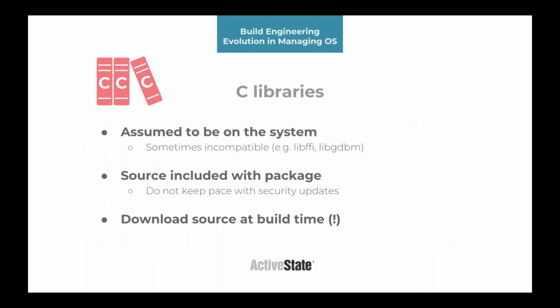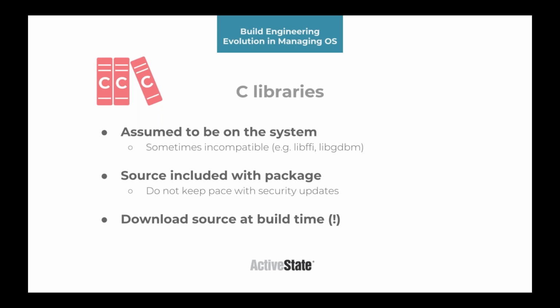Okay, next slide, please. So talking about C libraries, there seem to be three ways that people manage these dependencies. Sometimes they assume that they're already on the system, which is basically just ignoring the dependency. Sometimes they will be included with the package source. So sometimes you'll find that something that depends on, for example, libxml will incorporate a copy of libxml in its source and build it as part of its build time.